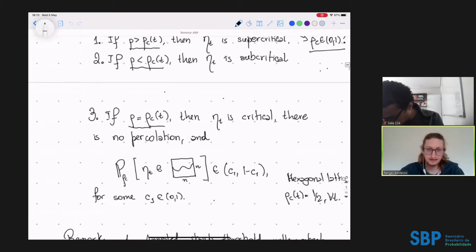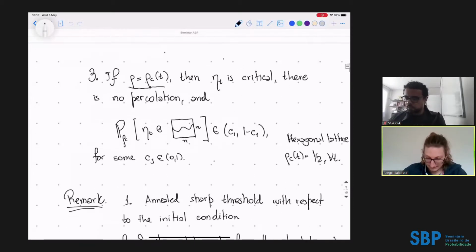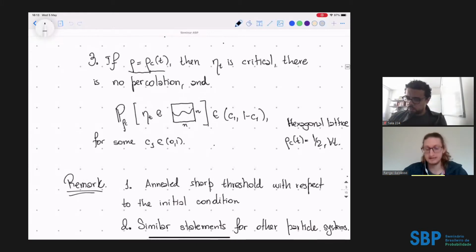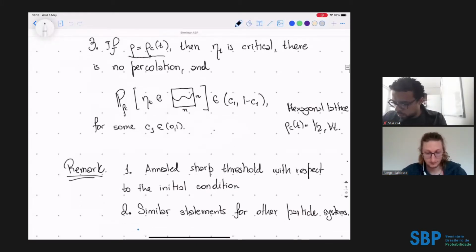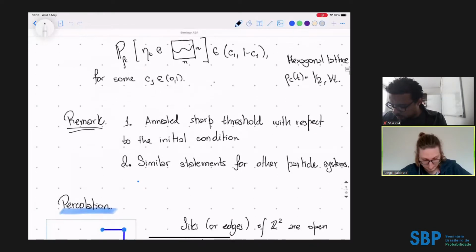I can go into more detail later, maybe. But it's because of self-duality.